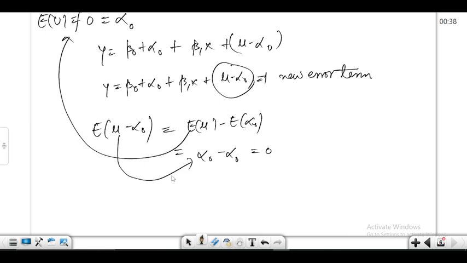What is really important is your beta 1.